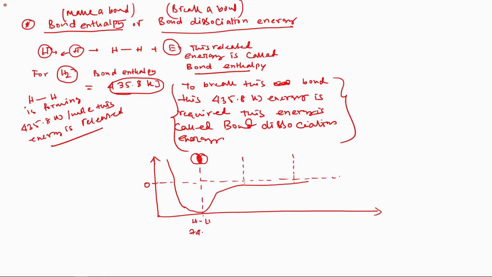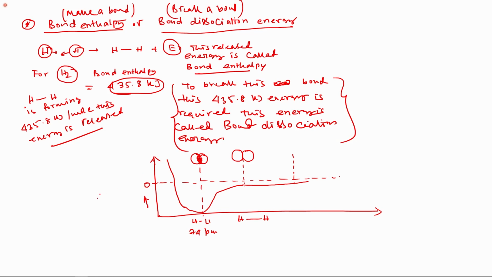Here the bond length is 74 pm. But if you see the nuclear distance increasing, they are moving apart. When the bond distance is large, the energy will also be large.